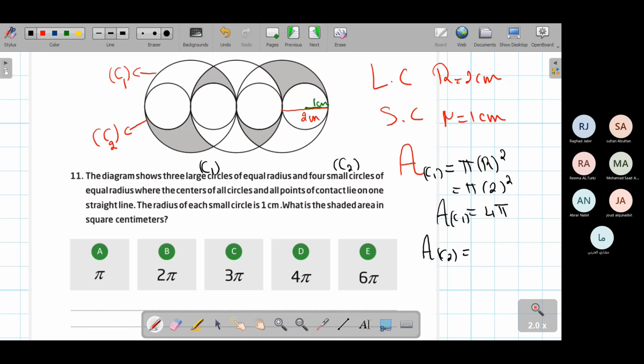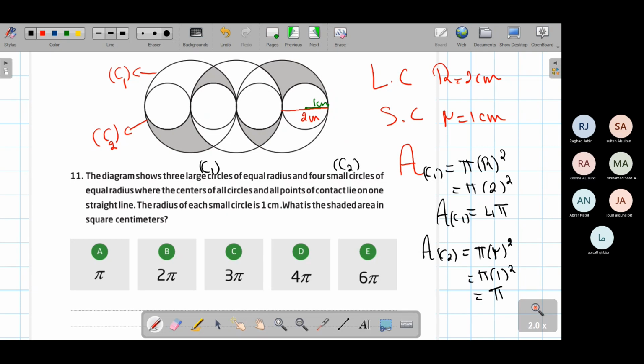It's pi, because pi times small r squared, pi times 1 squared, which is pi. So now I found the area of the big circle and the small circle. Any questions before we continue to find our answer?